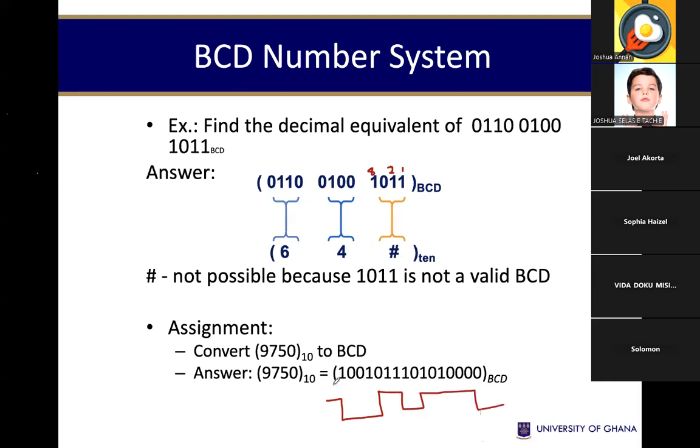This will be your 1, which is your plus 5 volts. This guy will be your 0, which is your 0 volts. This guy too will also be your 0. This guy will be your 1. This is going to be your 0. It's going to be your 1, your 1, your 1, probably your 0, etc.